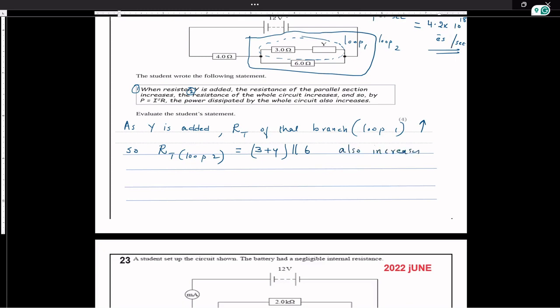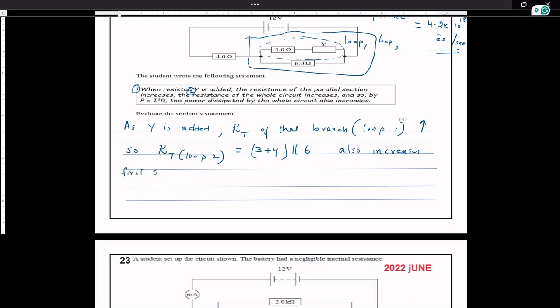Total resistance of the parallel combination also increases. So this is what the student said: when resistor Y is added, the resistance of the parallel section increases. Parallel section means this loop 2. So here we can say the first statement is correct. Then he said the resistance of the whole circuit increases. So that is also correct. The second statement is also correct.